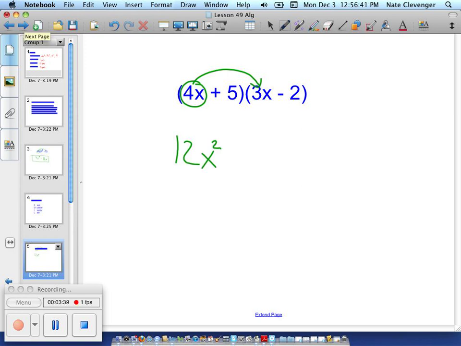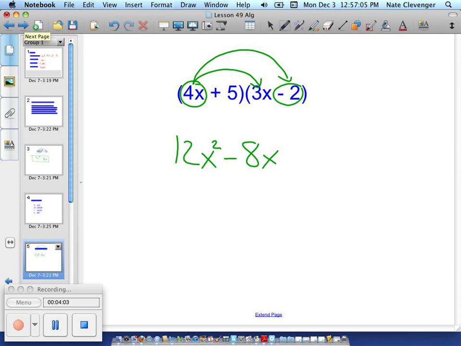Because there's x and an x is 2 x's. Then the O stands for outsides. So I'm going to take 4x times, and we're going to include the sign in front. Makes it -2, so 4x times -2 is -8x.